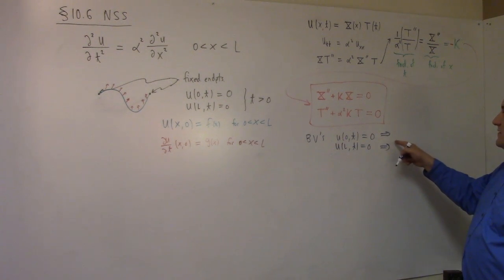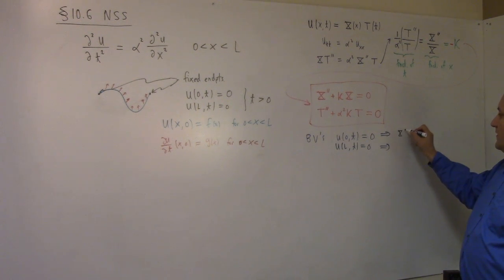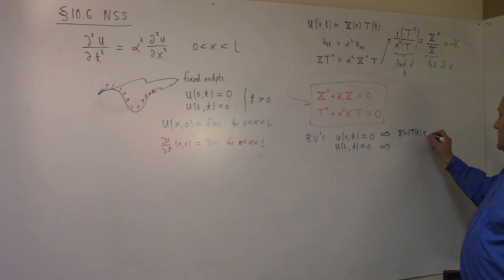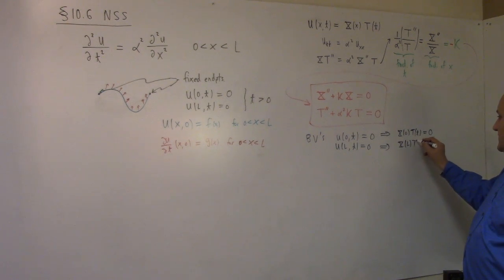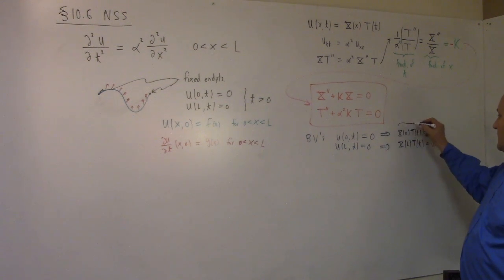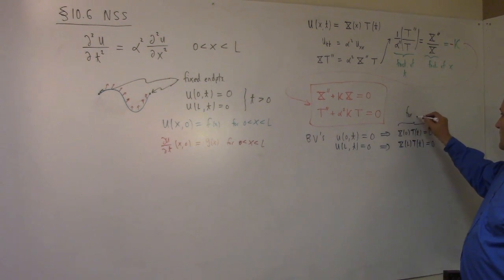So this tells me x of 0 times t of t equals 0, and this tells me x of L times t of t equals 0. And these are both for t greater than 0.